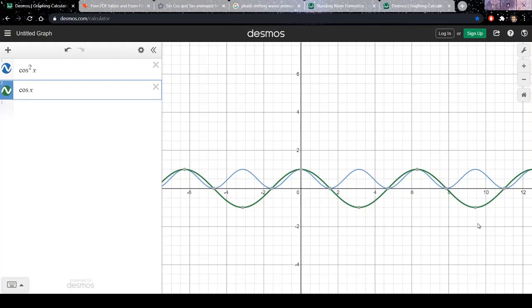Now what I want to show you is a relationship between these two. Can you look at the graph very carefully? This green is cos square x. What should I do to make this green graph the same as the blue graph?